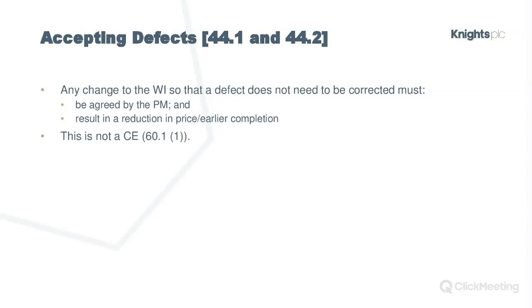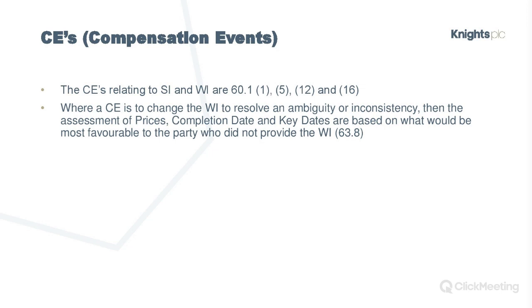For obvious reasons, that's not a compensation event. You're not going to get extra time or extra money if your work's defective, and the employer accepts that as a concession.